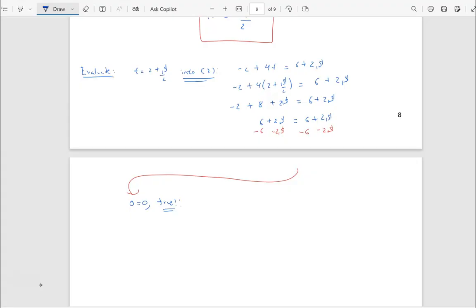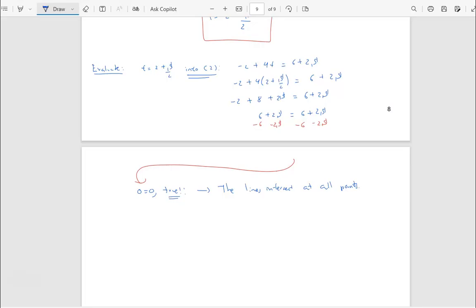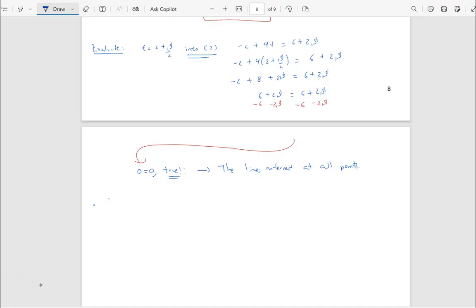Now, what this means is that the lines intersect at every single point. So the lines intersect at all points. And then let me just summarize what we have. So we do have parallel vectors, and then we don't have distinct lines.